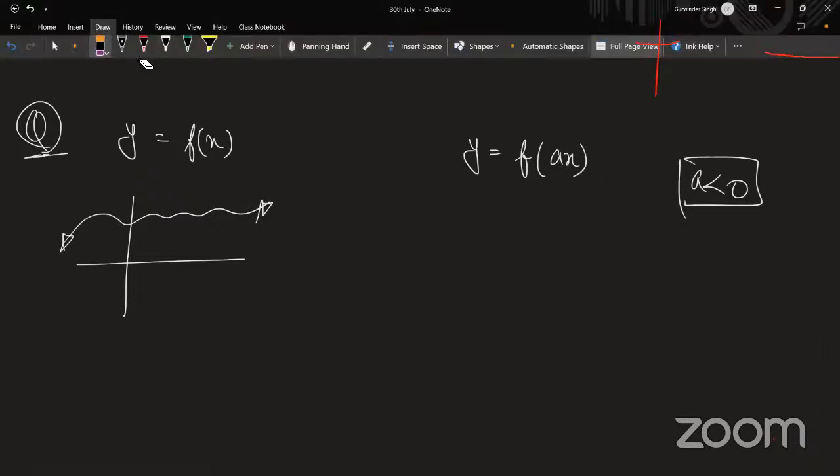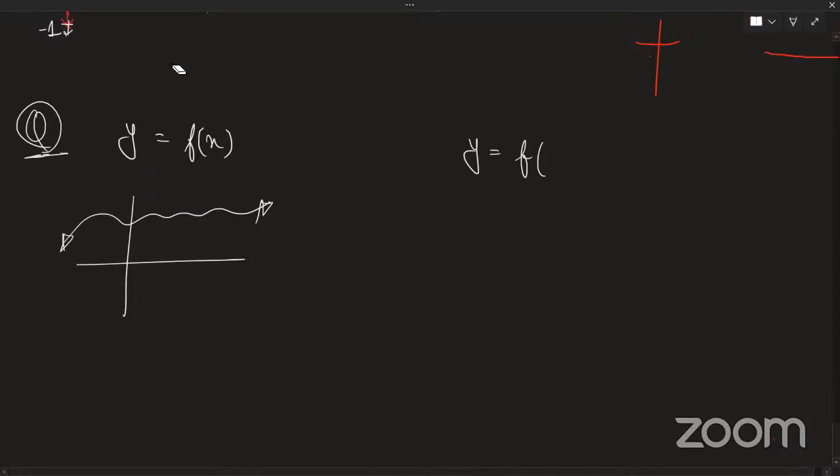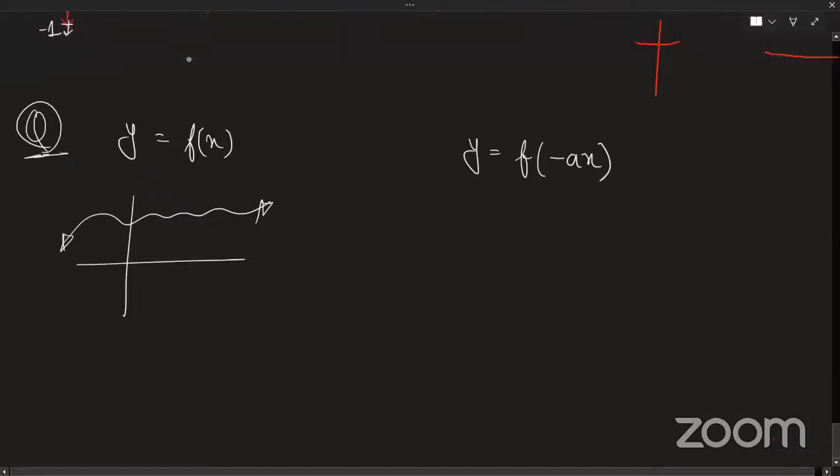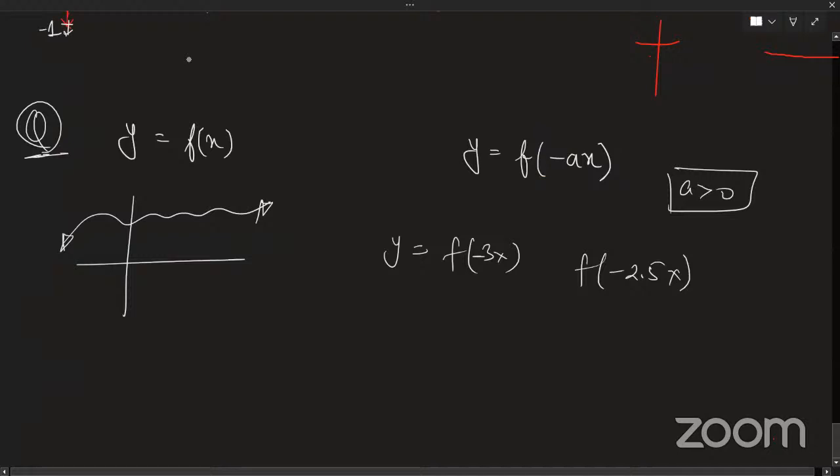Or rather, let me say f of minus ax, and my a is positive, like something like f of minus 3x, f of minus 2.5x, or f of minus x by 3.